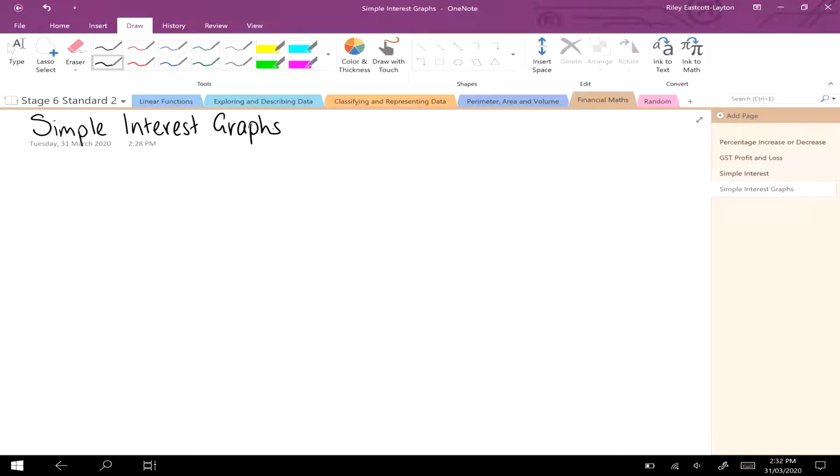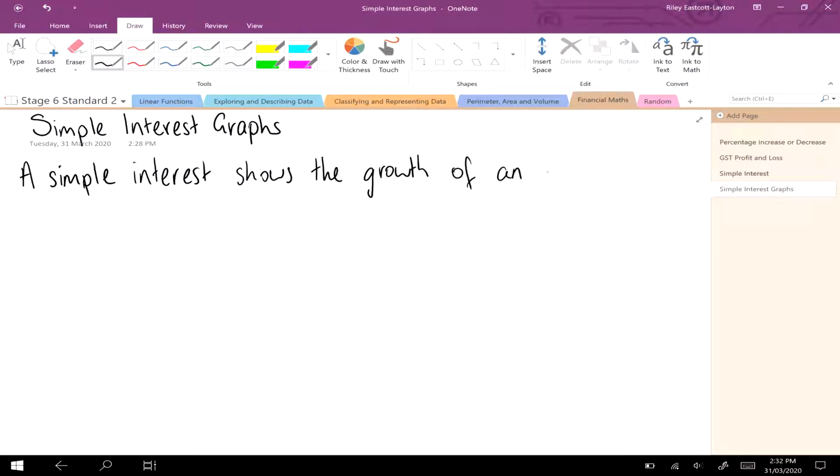So, a simple interest graph shows the growth of an investment. So, for example, a bank account.